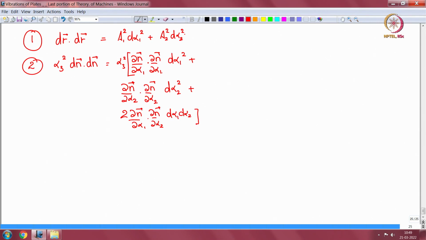Now, we are in orthogonal curvilinear coordinates. So, this and this are perpendicular. So, this goes away.